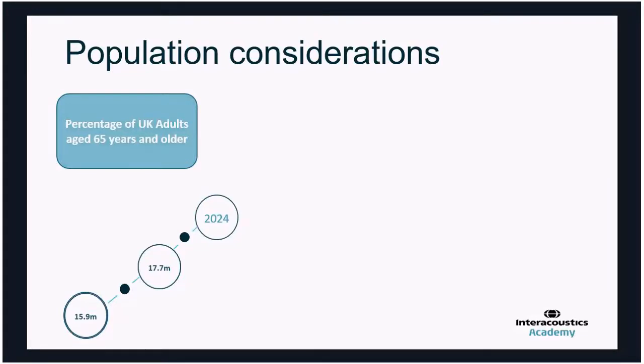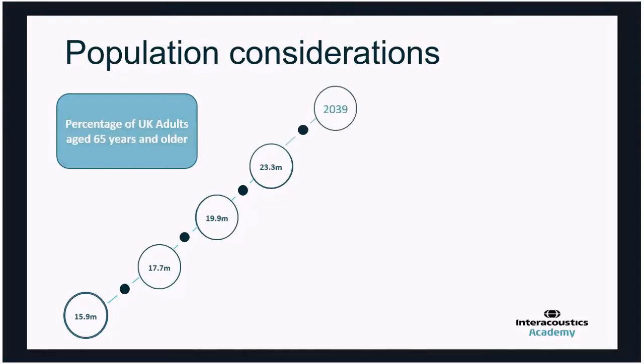If we come now to 2024, and now we're into the projections that have been made in relation to population growth, we're at almost 20 million. So within a relatively short space of time from our first snapshot in 2004, we've increased that population by a good 4 million additional people of the age 65 and over. As we move to 2034, this population is 71 million for the UK as a whole, so the number of 65-year-olds would be over 23 million.